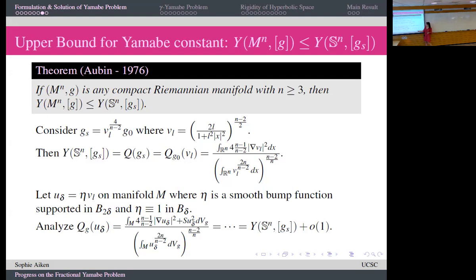And then when I go to write out the Yamabe functional of Q_g with this transformation, it's basically going to split U delta. I can decompose it as this bump function times the stereographic projection, and I'll get out exactly my standard spherical Yamabe constant plus a little error.